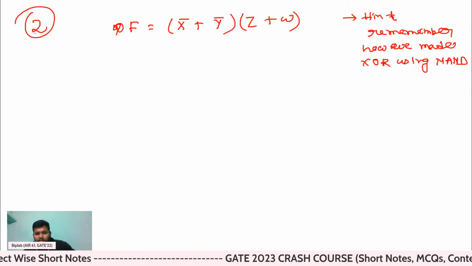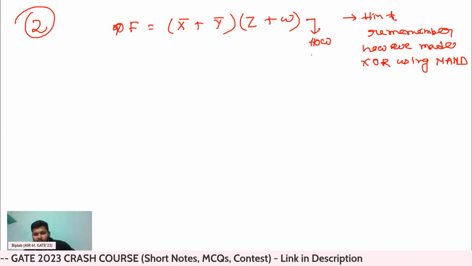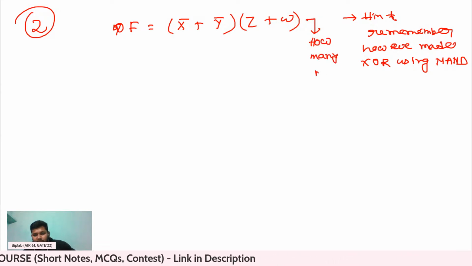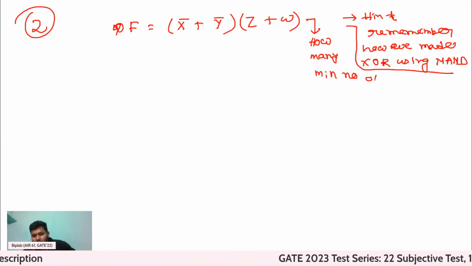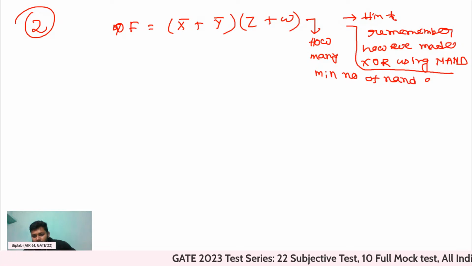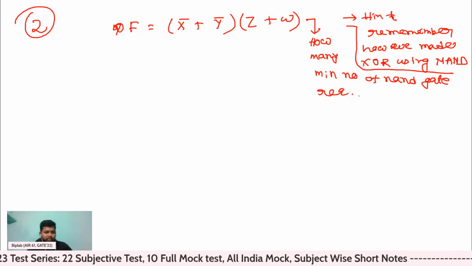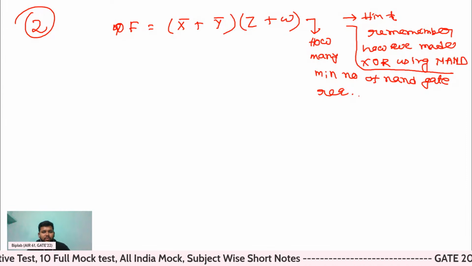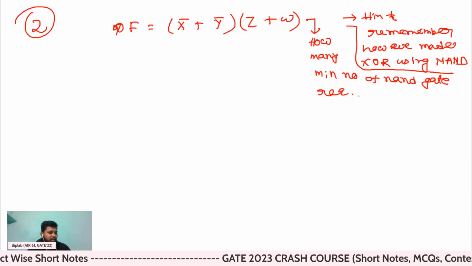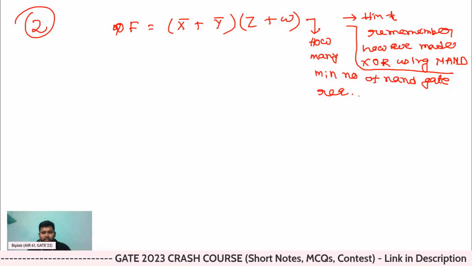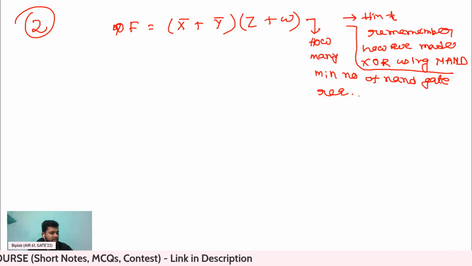What is the question? Okay, sorry. The question is how many NAND gates are required? The same concept we are solving. How many minimum number of NAND gates are required? This is an important concept I think in GATE. There have been I think 3 to 4 questions in previous years from this topic, that is to build an expression using the minimum number of NAND gates, to derive an expression.